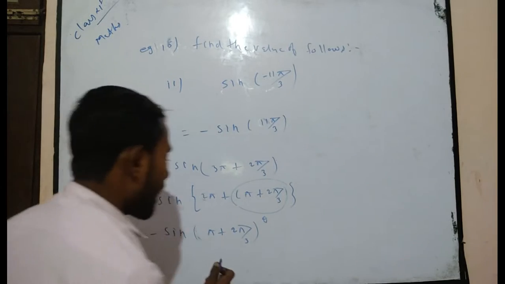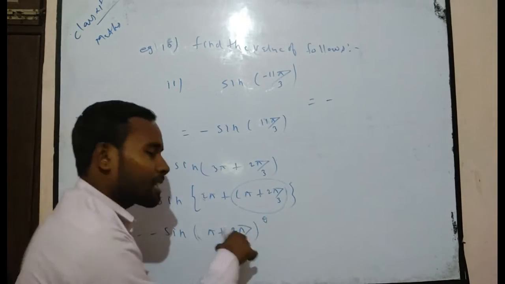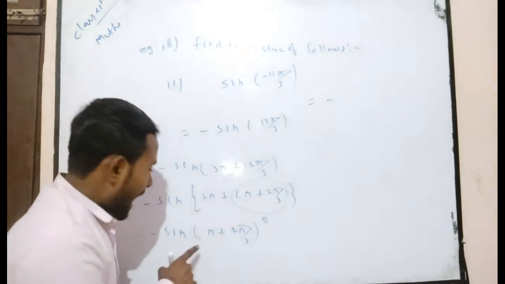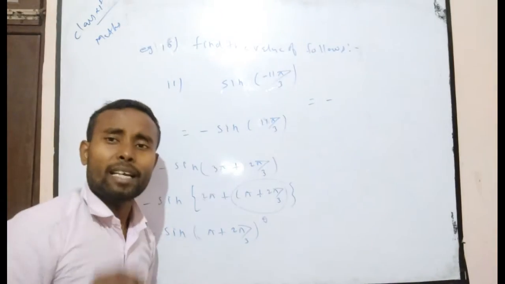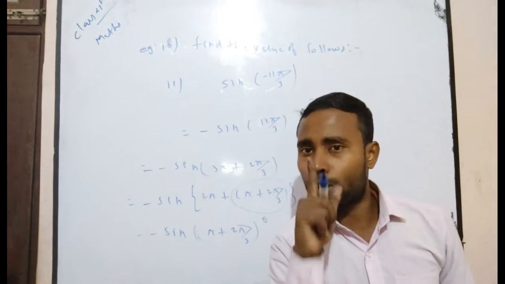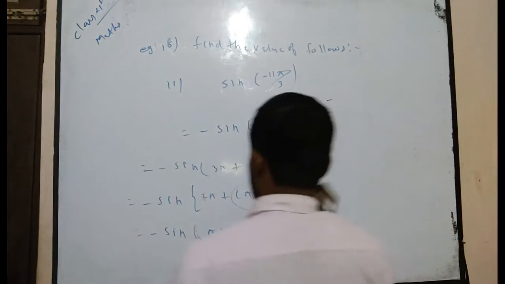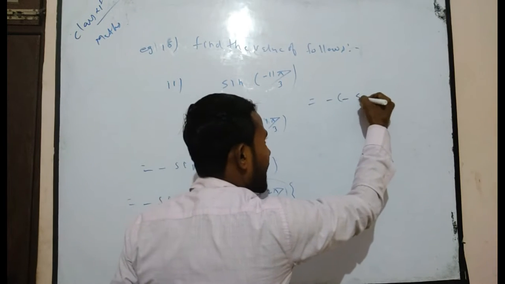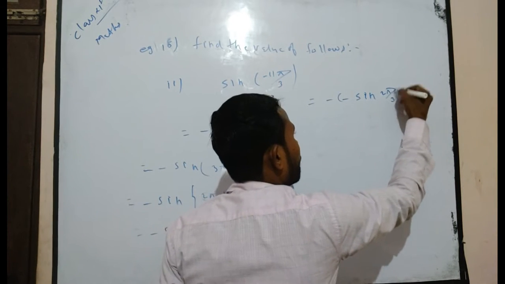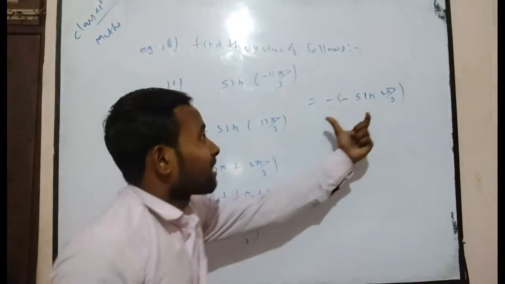Now can you write it as -sin(π + θ), which will be what? sin(π + θ) is equal to what? As you know, it lies in the third quadrant, and in the third quadrant tan and cot are positive and all other trigonometric functions are negative. So you can write minus times minus sin(2π/3), sin(2π/3). Why do we take the minus sign?